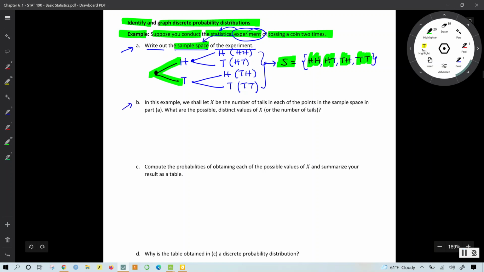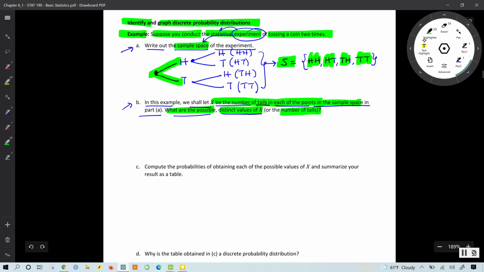Question B. In this example, we shall let X be the number of tails in each of the points in the sample space in part A. What are the possible distinct values of X? Since X represents the number of tails in each of the points in the sample space, this also means: what are the possible distinct numbers of tails?